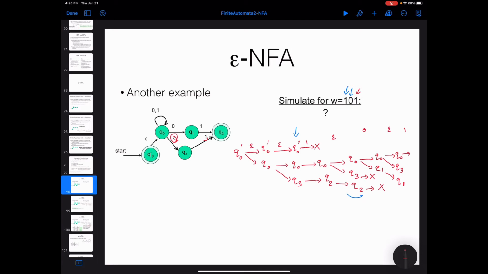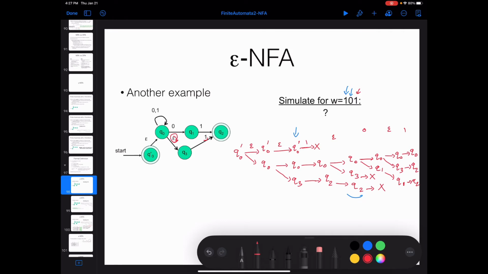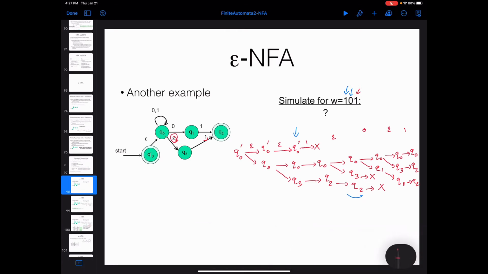If you were at Q0, you would stay at Q0. If you are at Q3, you move to Q2. And if you are at Q1, you also move to Q2. Okay, so you are done with reading the input symbols, but the trick is you still have to apply the epsilon transitions, because if you are at Q0, you can use the epsilon transition and move somewhere else, right?